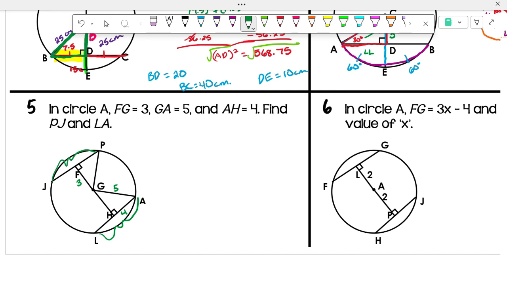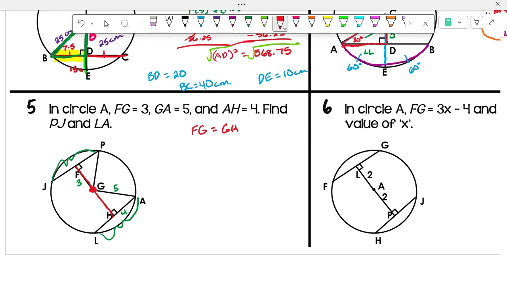I need to check that these two segments are equal. Here's the center of the circle. We've got to make sure that they're equidistant from those two chords, so then we can say the chords are congruent. So first we've got to check that FG is congruent to GH.